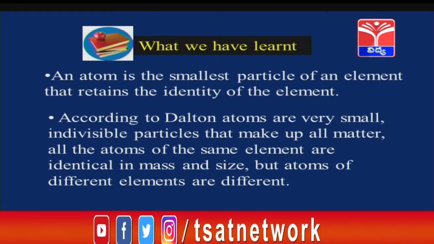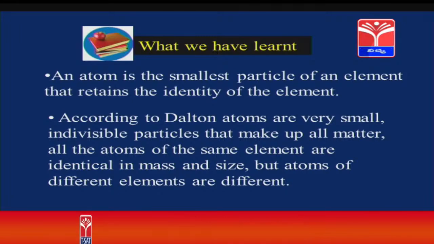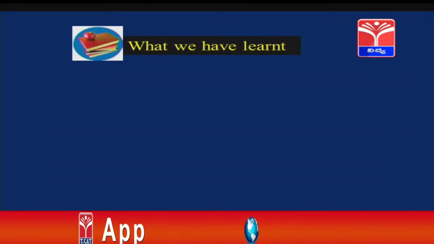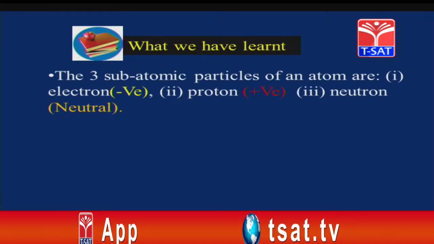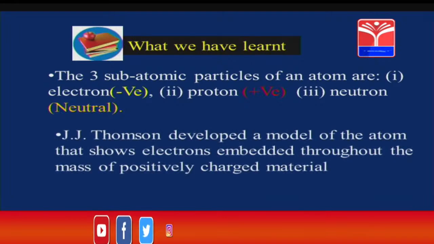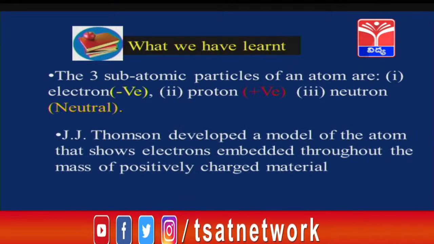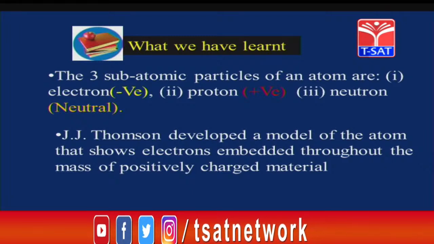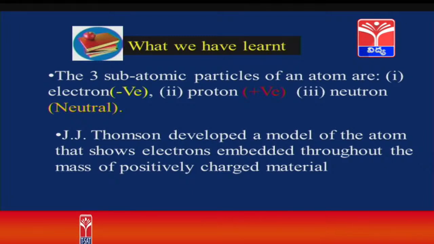All the atoms of the same element are identical in mass and size, but atoms of different elements are different. The three subatomic particles of an atom are: electron, negatively charged; proton, positively charged; neutron, neutral. J. J. Thomson developed a model of an atom that shows electrons embedded throughout the mass of positively charged material.